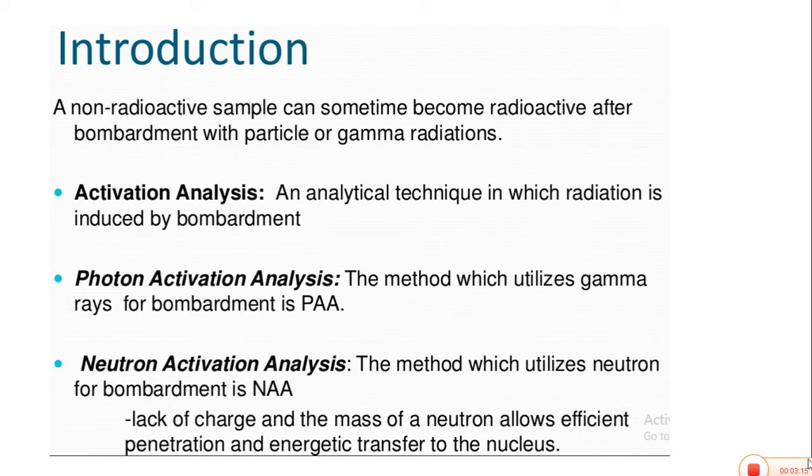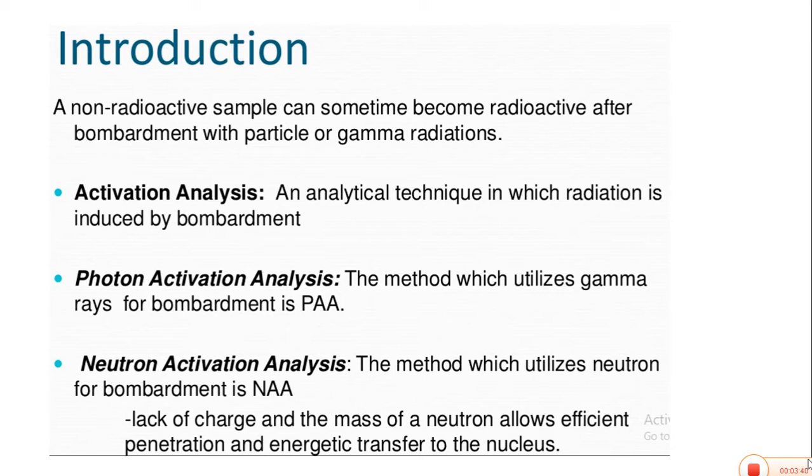So what is meant by activation analysis, and how is this analysis achieved? First of all, it should be in our mind that whenever we are going to analyze, with the help of the activation process, particular elements or impurities inside the sample materials, we first have to activate the sample material.